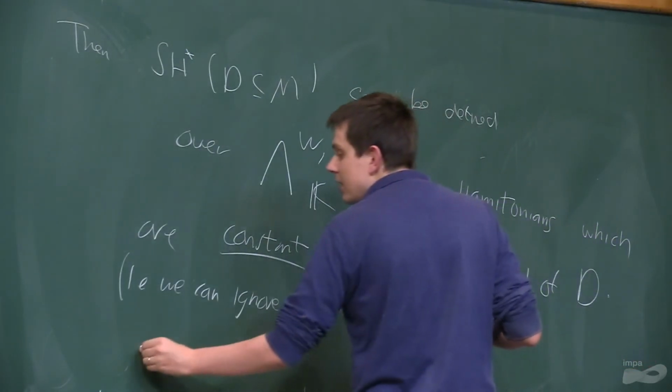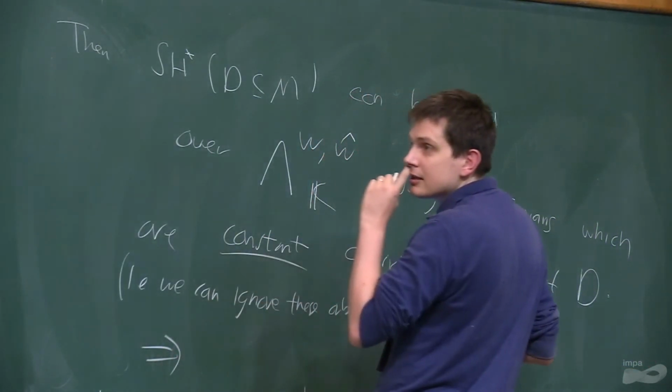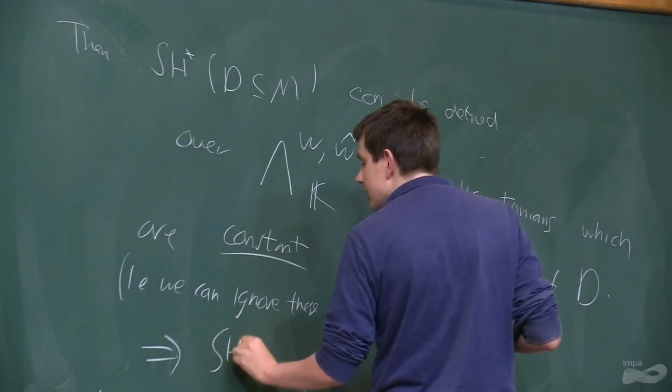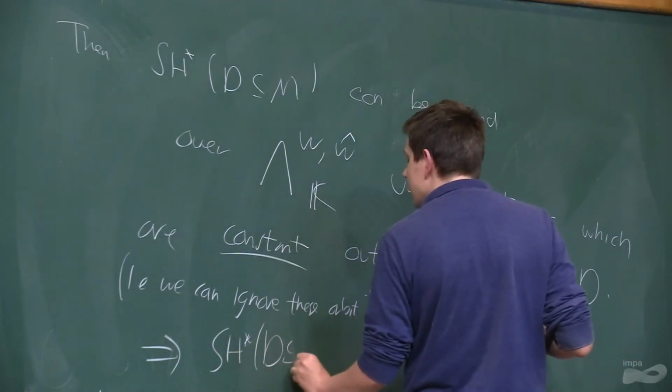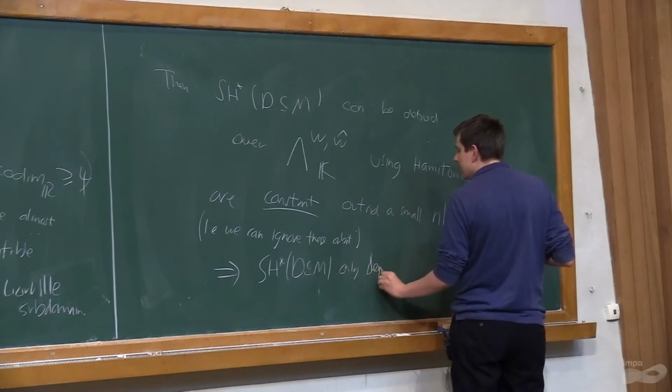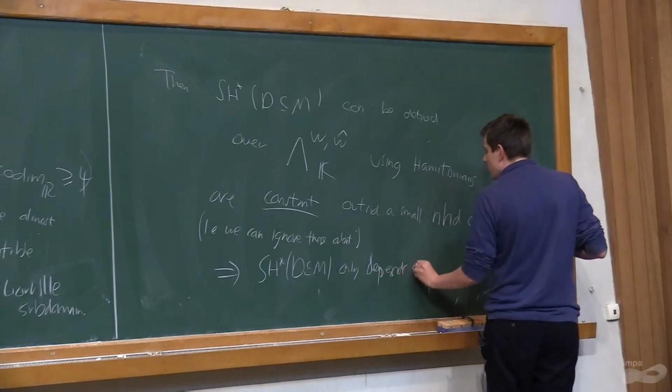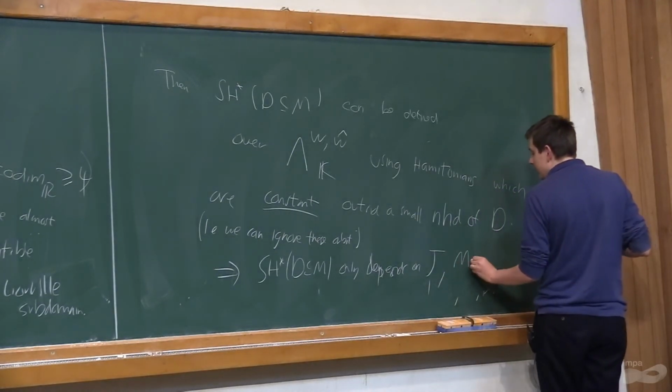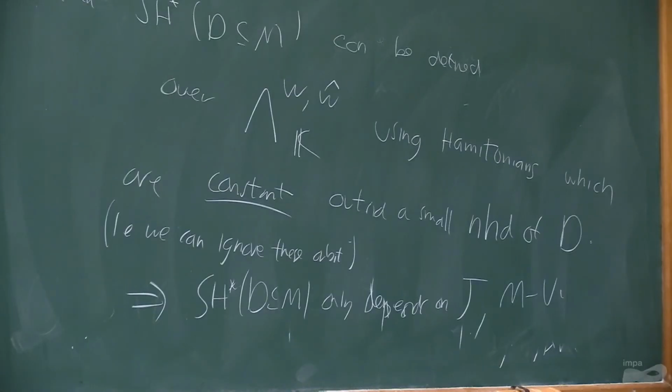So this implies that SH only depends on J and M minus V or something like this, and D. If you put all these ingredients together, then you get the theorem.